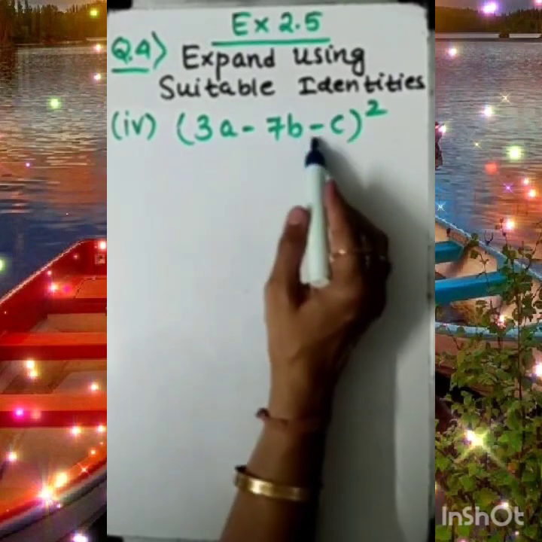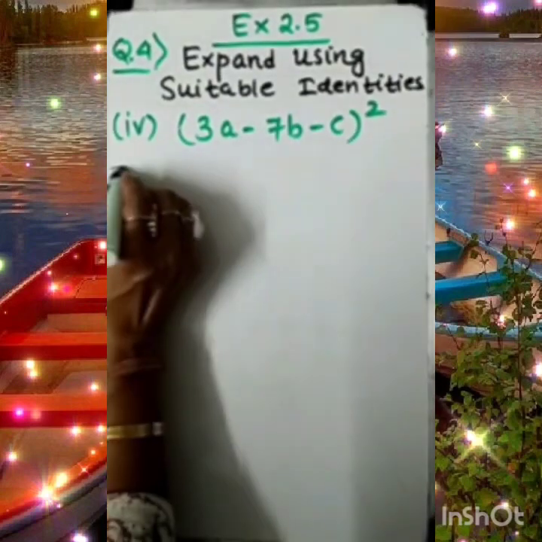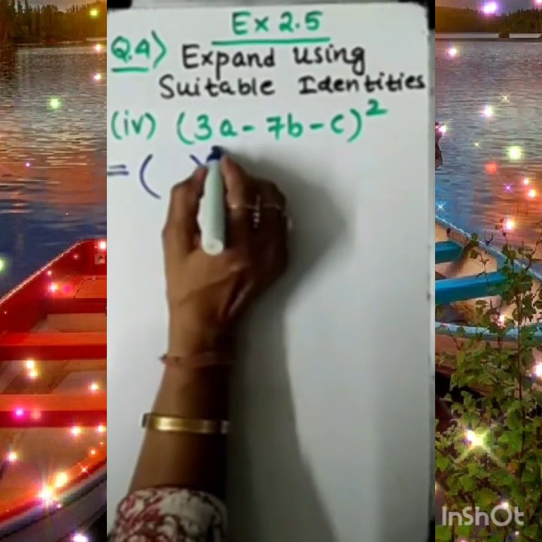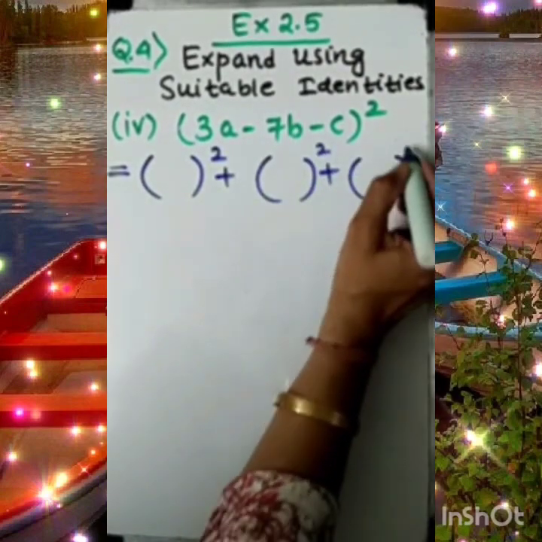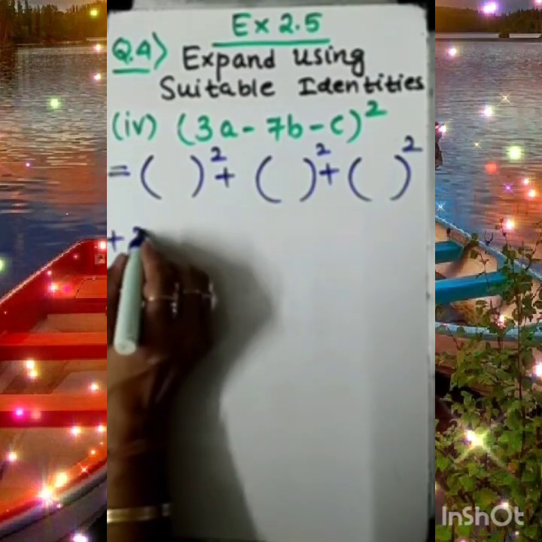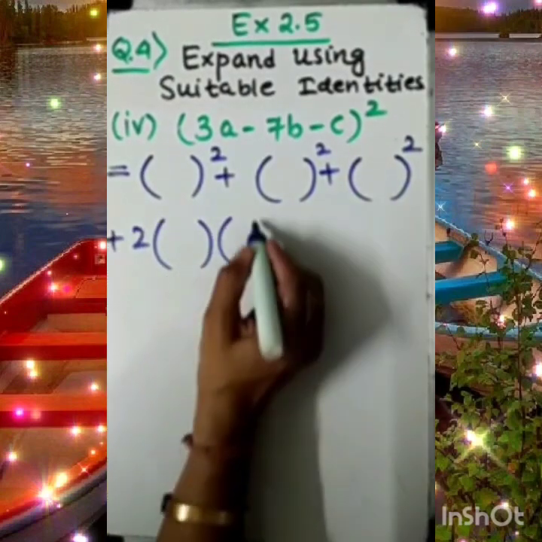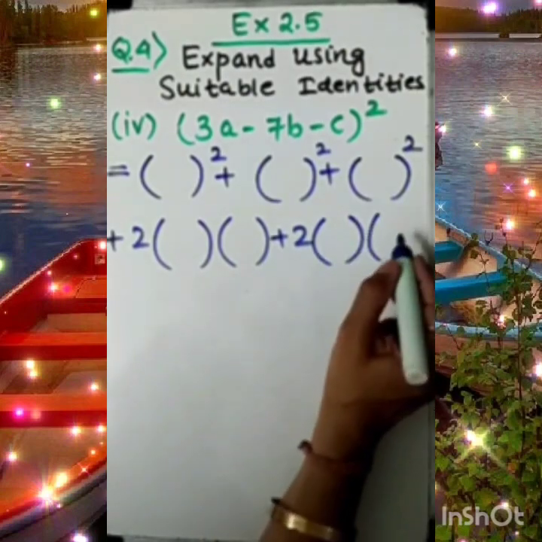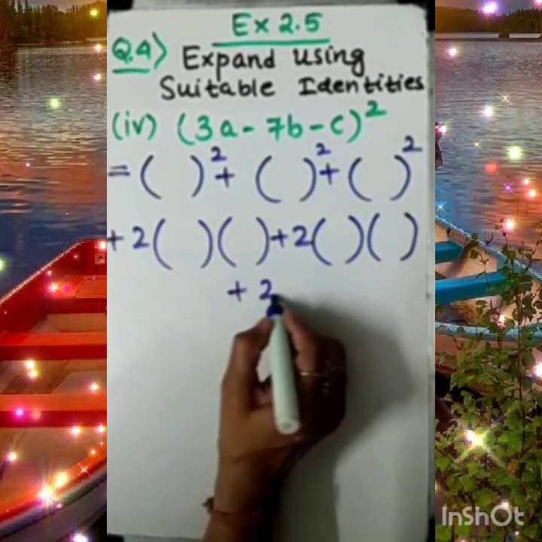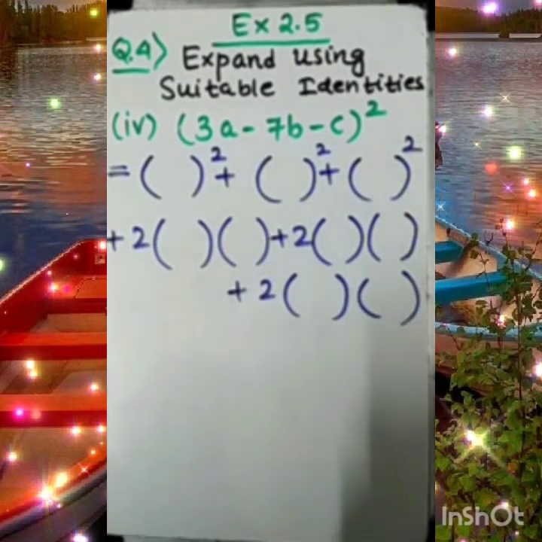That is minus c. So my dear student, here the first term squared, the square of the second term and the square of the third term, plus 2 into first term and second term, plus 2 into second and third, and 2 into third and first term.